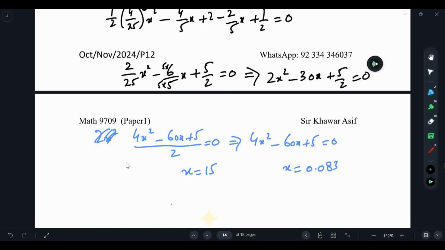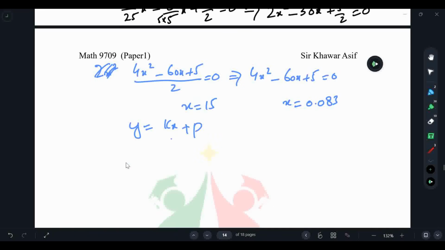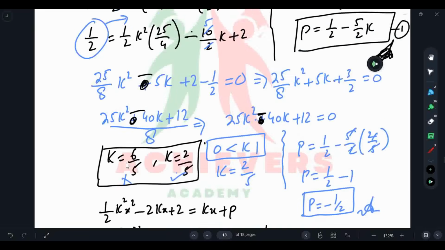Now what we have to do is put it in any equation, like y is equal to kx plus p. Now we know that k is 2 by 5. So y is equal to, now first of all decide which x we have to consider.